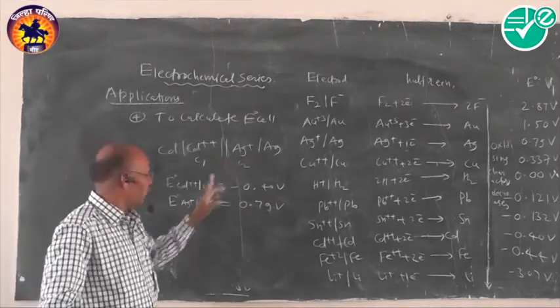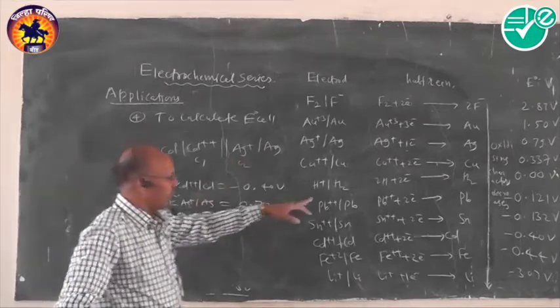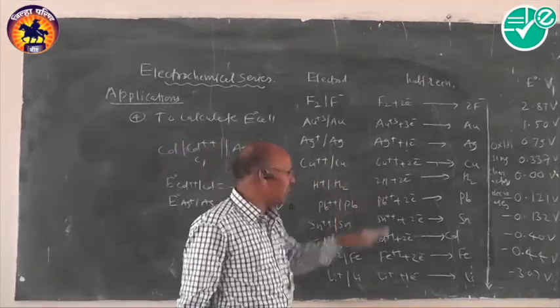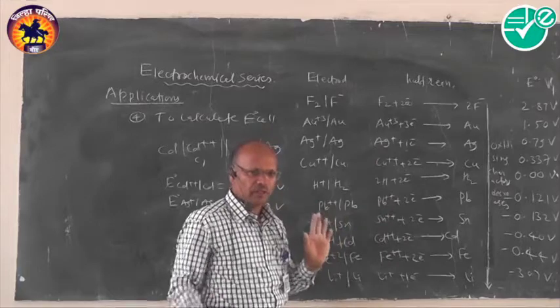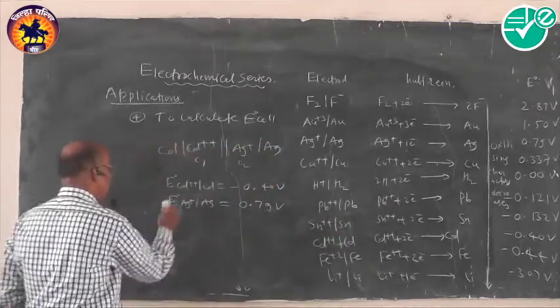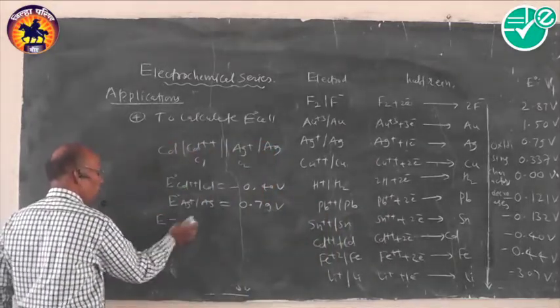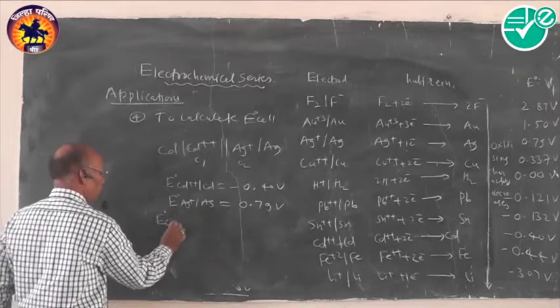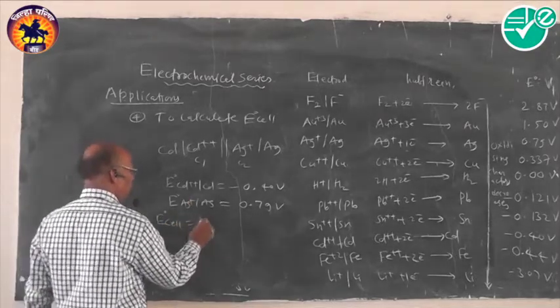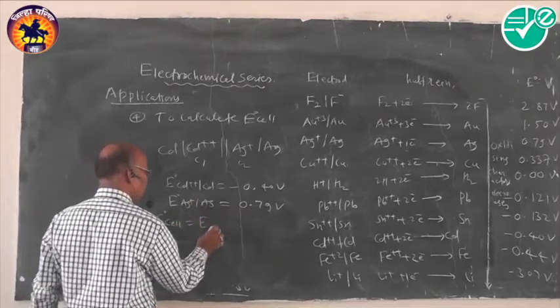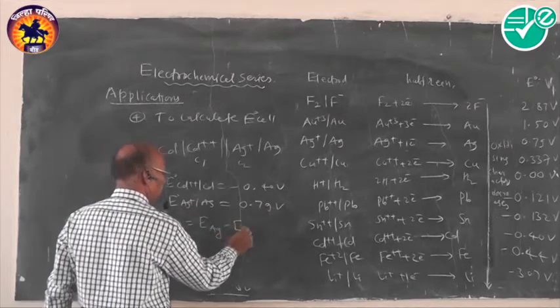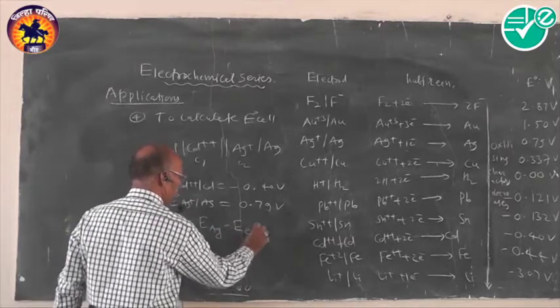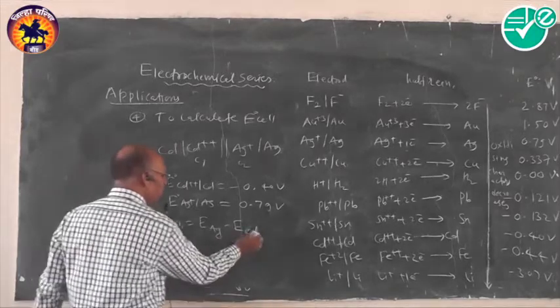A silver electrode is the cathode, its potential is given. This data is available from our given EMF series. In this particular case, put up here the formula: E standard cell is equal to E standard cathode, in the sense silver, minus E standard cadmium. We will put up here the values.